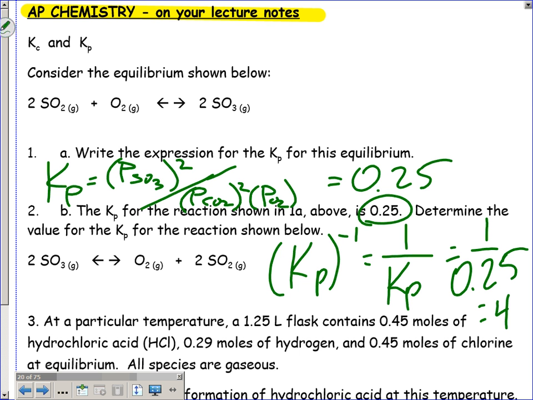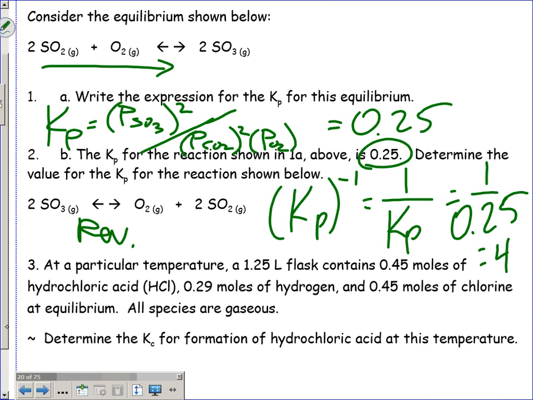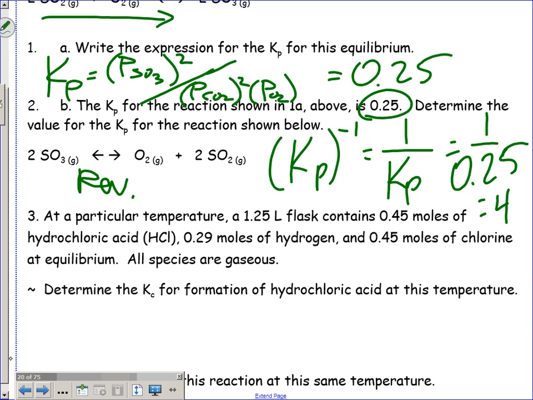So now, which is the favored reaction? The forward reaction, or the way that this one's written, which is the reverse reaction? Which is favored? Reverse. You say that with no hesitation now. So Jacob says reverse, but why reverse? Because it's greater than 1. Okay, so the value of K in the reverse direction is greater than 1, which means that reaction is favored in the way it's written.